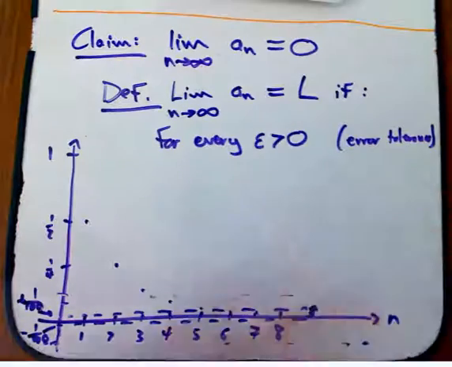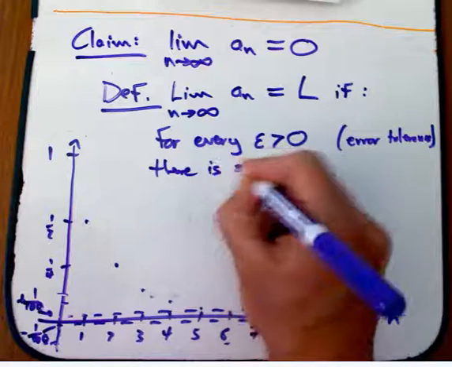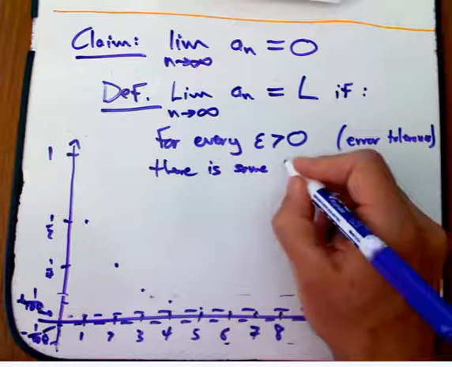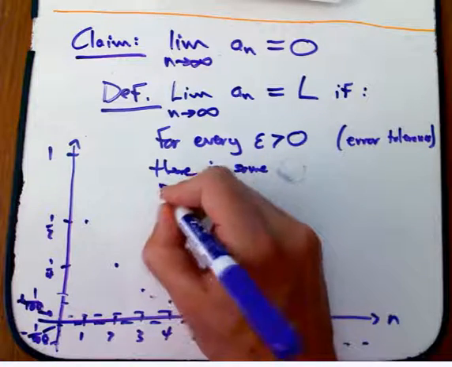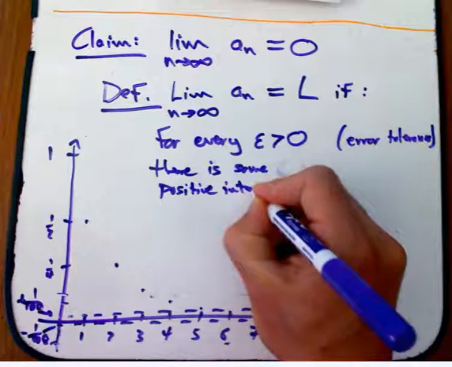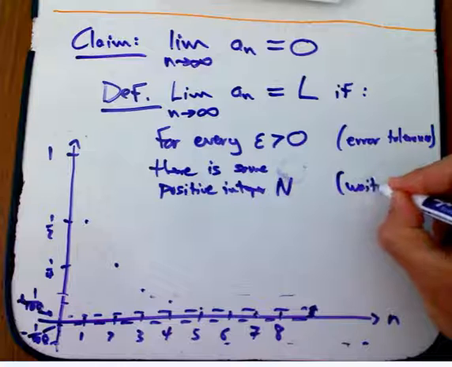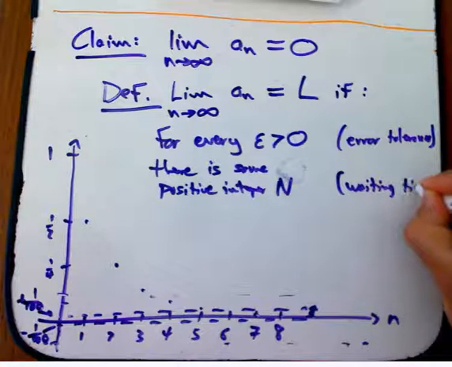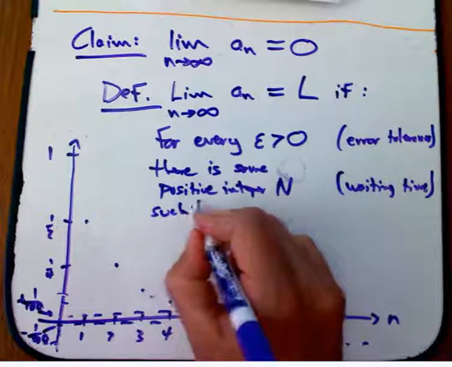Okay, for every epsilon greater than 0, there is some positive integer n. Let's see if I can fit this here. That is our waiting time. Such that, one more quantifier.